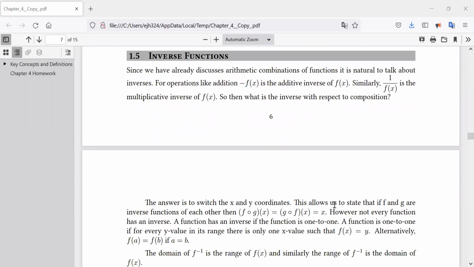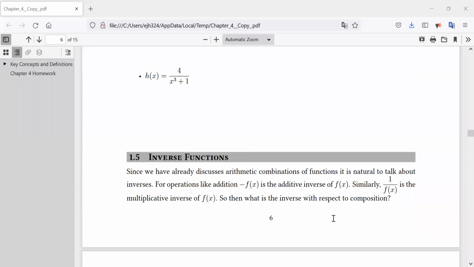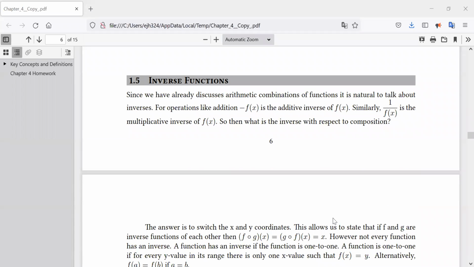So I kind of touched a little bit on inverses there without actually talking about it. But inverse functions are another important idea. If you have heard of inverses before, probably the most common way you've heard of it is the multiplicative inverse.